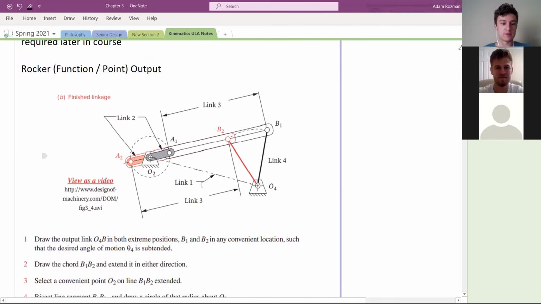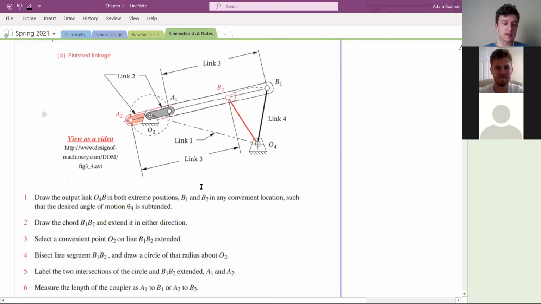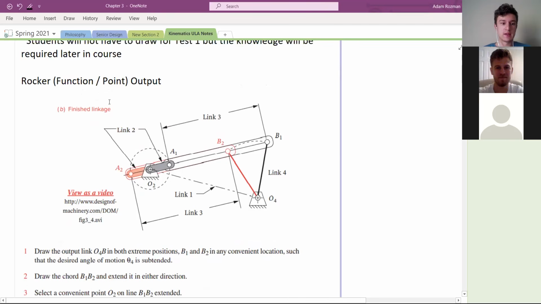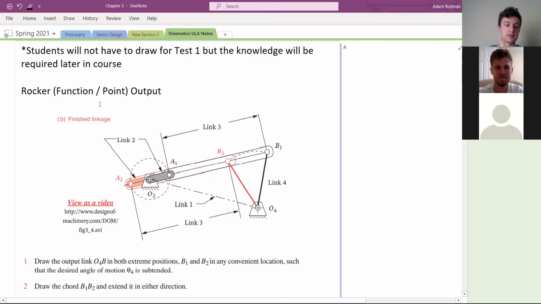So I'll just browse over these quickly. I won't really go over the construction steps because they're pretty straightforward. I'll just go over the conceptual differences between a couple of the different mechanisms.